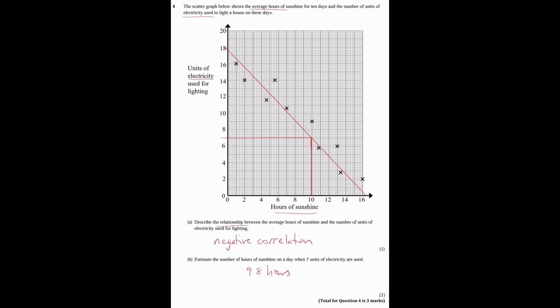However, sometimes you might get 6 squares, so each square represents 10 minutes, and sometimes you might get 4 squares where each square represents 15 minutes. So a question might also ask you for hours and minutes, so just be careful of that. Here we're fine, it's just saying a number of hours, so this is totally fine.